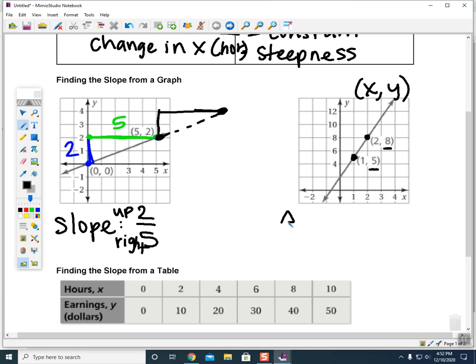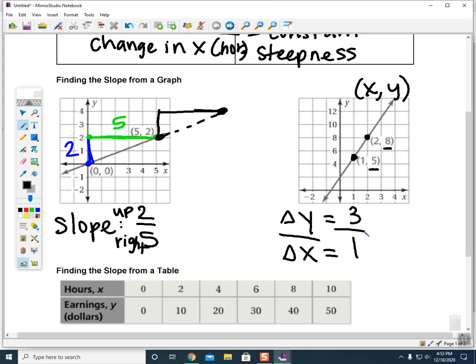My change in y then is 3. To get from 5 to 8, I change 3. My change in my x values is I start at 1, I go up to 2, so my change is 1. If I know that I want the change in y over the change in x, I have 3 divided by 1, that's my slope.